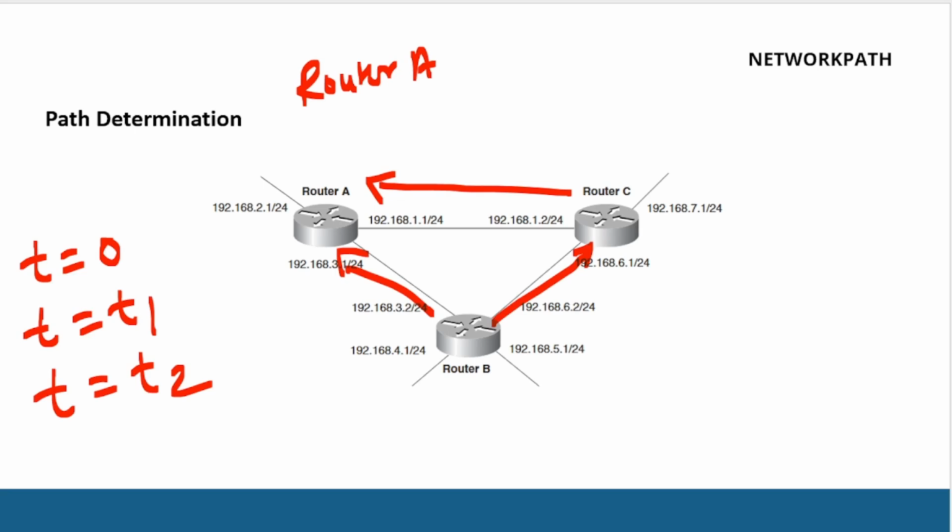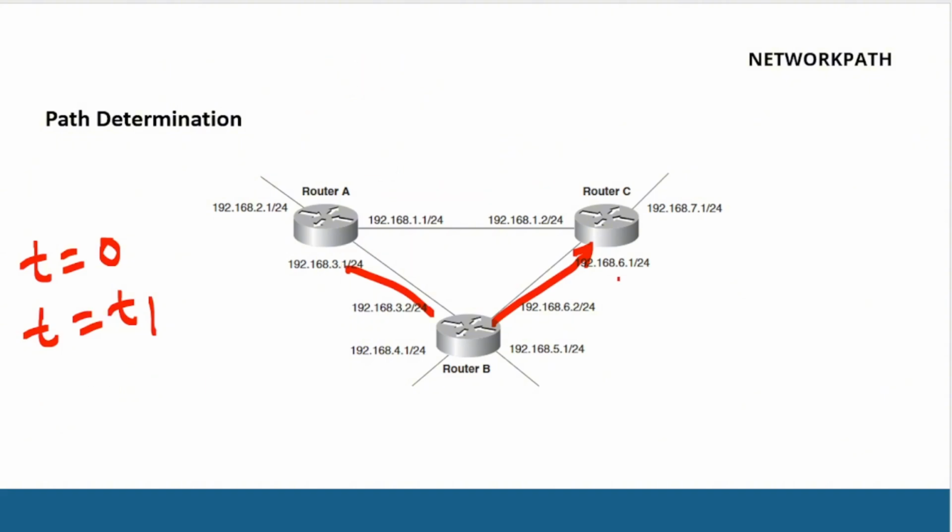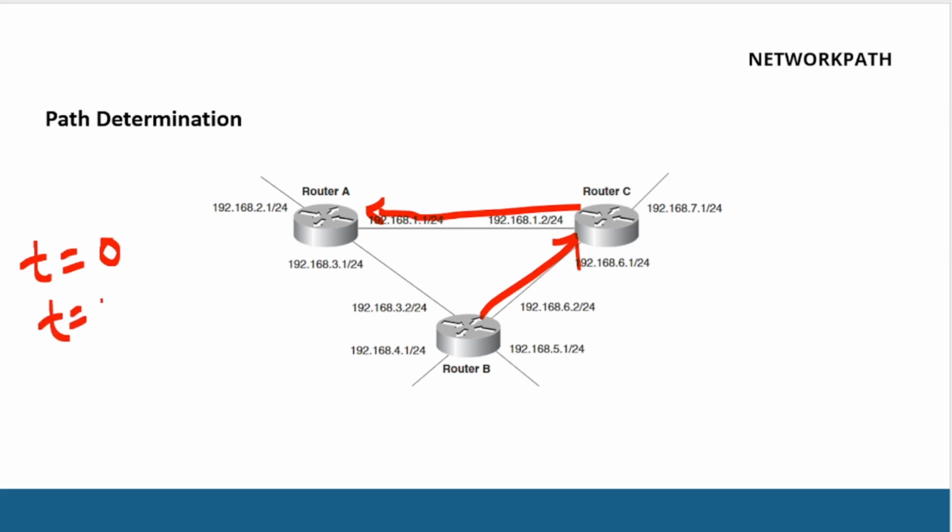And the second thing is, if 4.0/24 is shared by router B to router C, then what will it do? Let me clear the screen first. At t equals 0, router B will share that with router C, and router C will share that with router A. It is now T1.